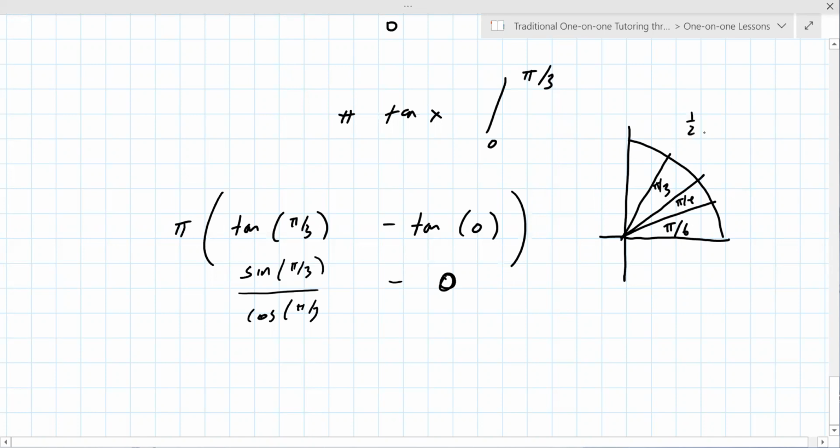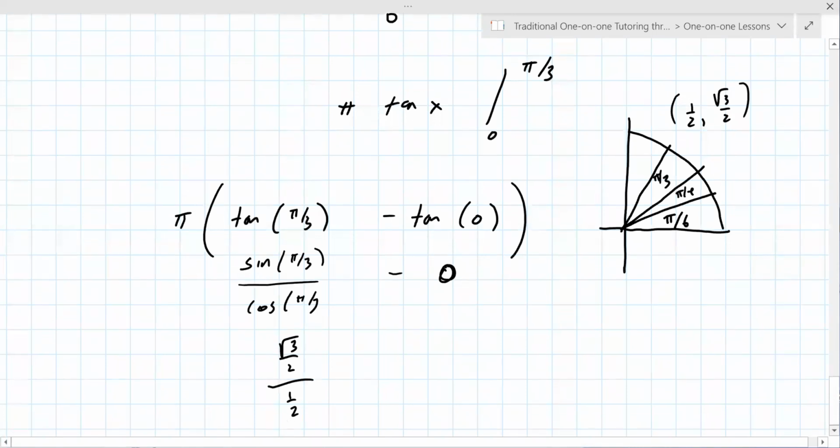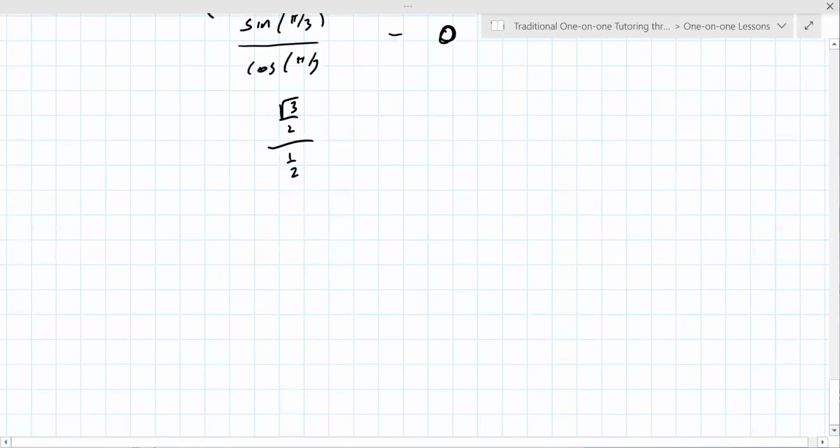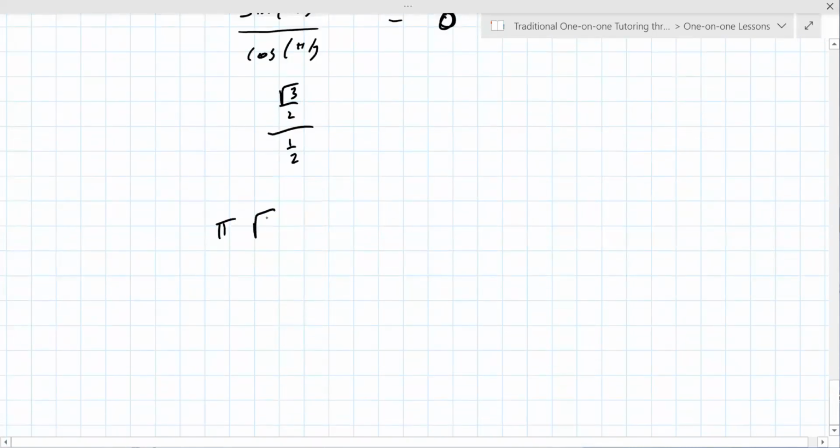Right here ends up being 1/2 comma square root of 3 over 2 is the ordered pair. Tangent is the y value over the x value, so square root of 3 over 2 over 1/2. Mm-hmm. So that ends up being just the square root of 3 times pi. Okay.